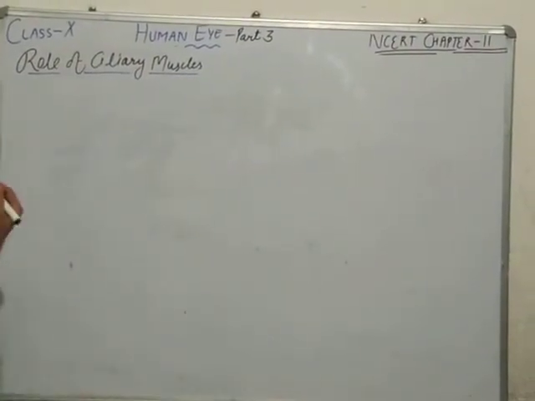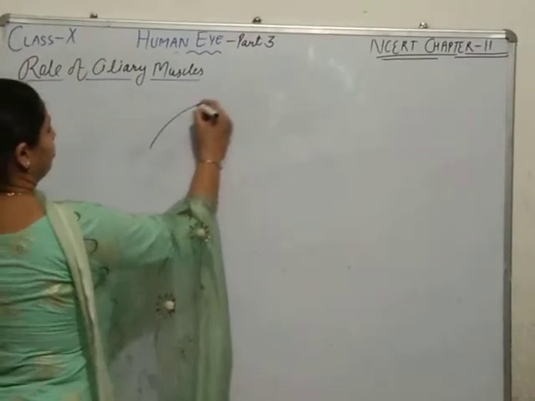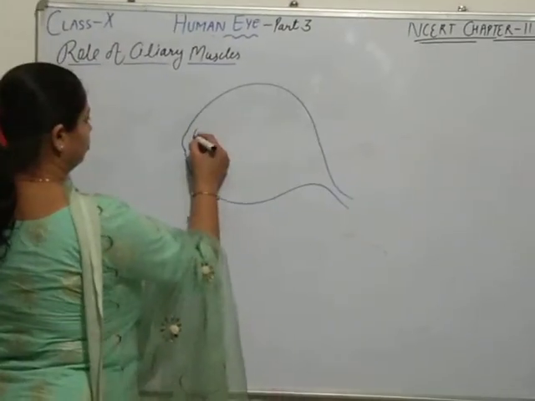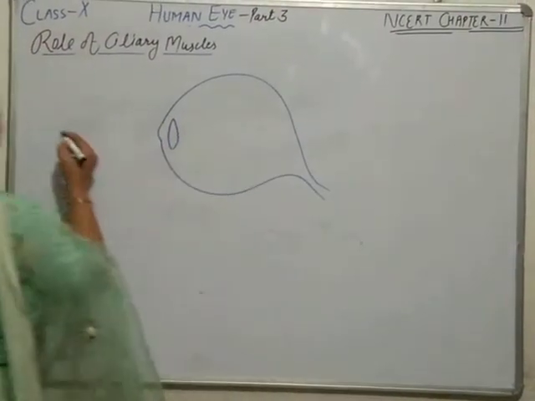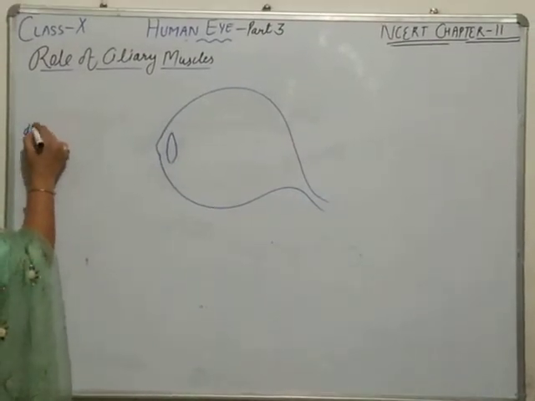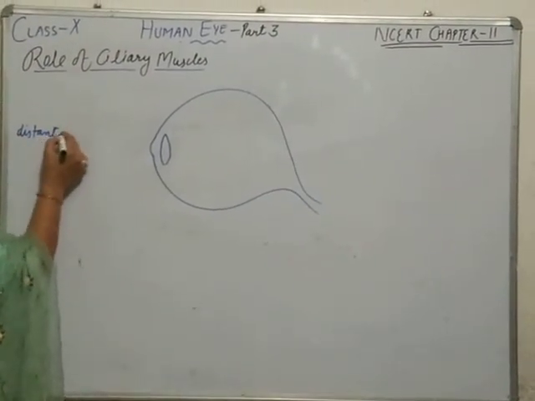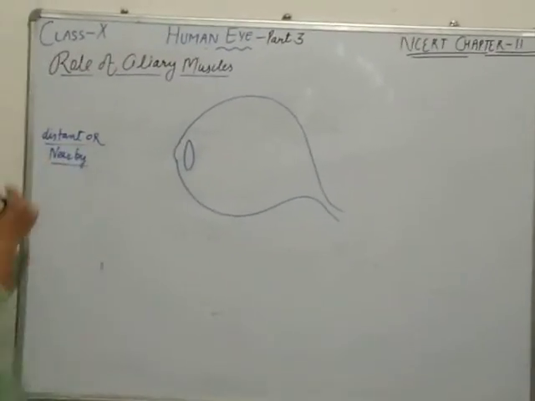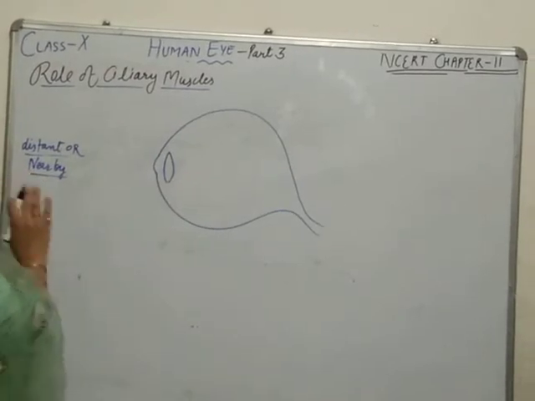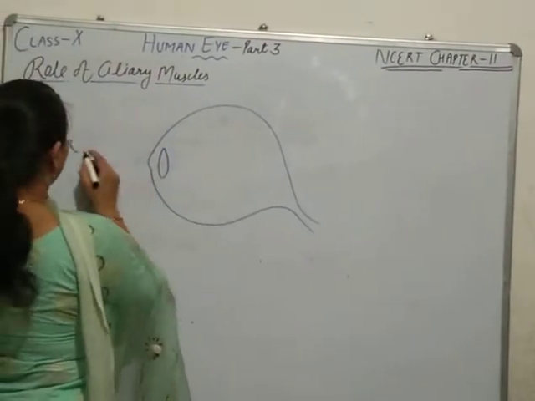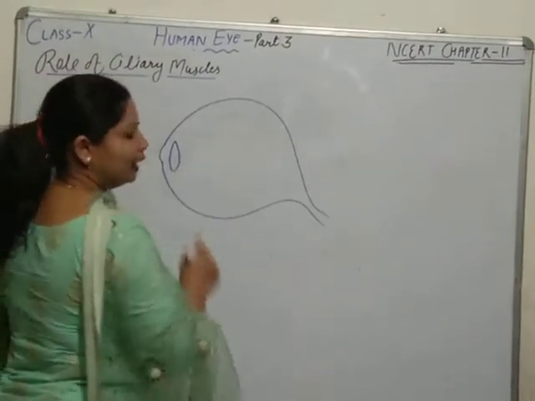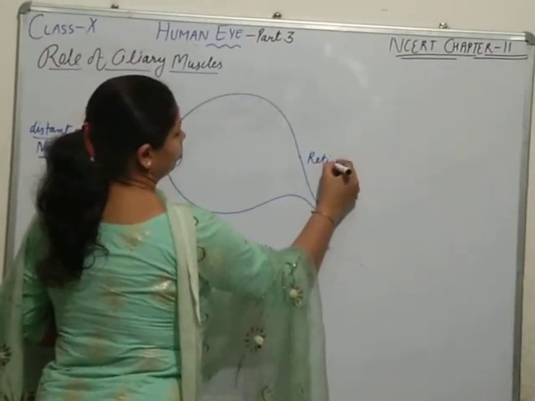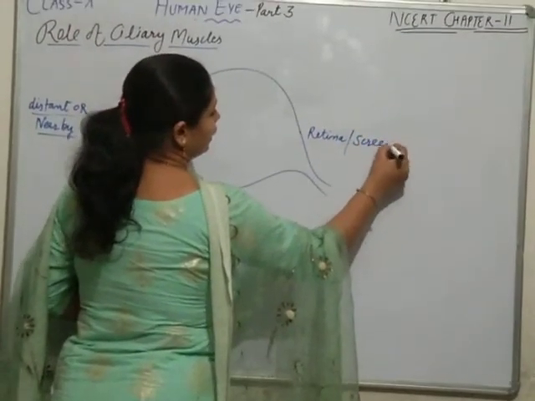As all of you are very well aware that, whether it is a distant object or a nearby object, for every object, whether it is at infinity or very near, the image of each and every object is formed on the retina that acts like a screen.